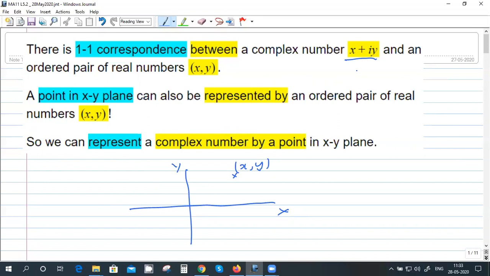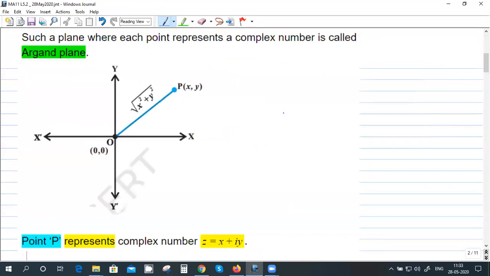So we can represent a complex number by a point in the xy plane. Such a plane in which a point is represented by a complex number is called the Argand plane. It was first given by a person called Argand, that's why it's named after him.